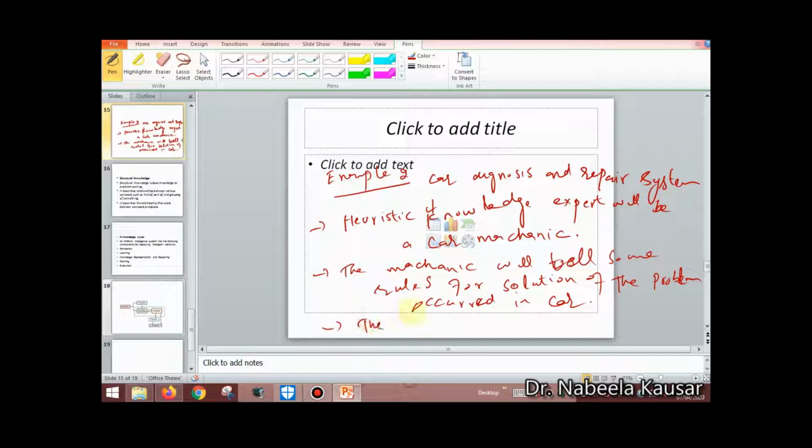The solution may work or may not work. Means after following the solution told by the mechanic, the car may be okay or it may not be okay.